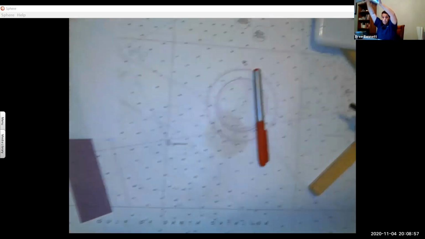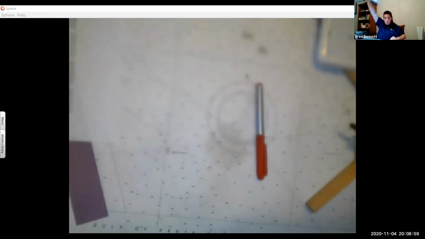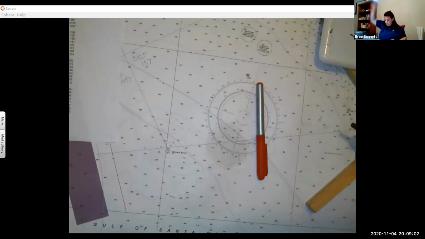Let's see if I can zoom in. Our 18:15 position: 18.4 and 118.07.